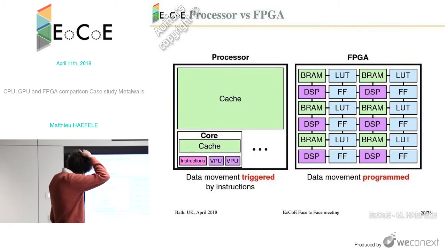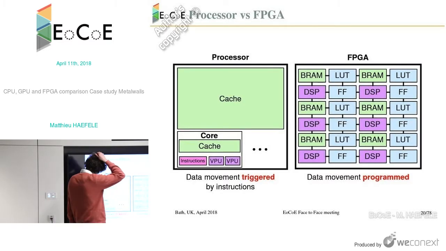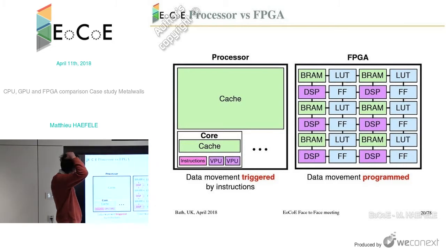Okay, if you have one slide to remember on what an FPGA is, this is the one. So let's start back with something that you know about processors. When you have a program that will run on a processor, at the end of the day, you have a sequence of instructions that will be executed.